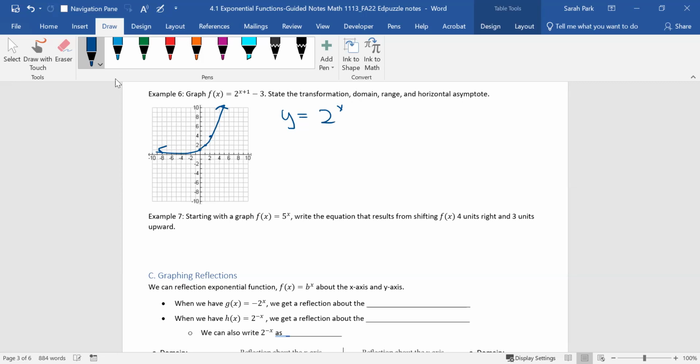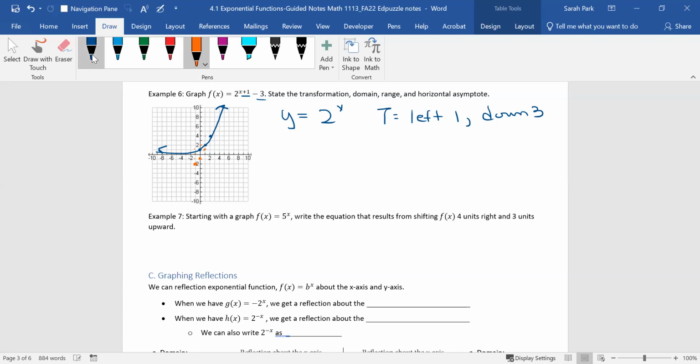So using these 3 points, I know if it's x plus 1, the transformation is to the left 1, and the negative 3 is down 3. So let's move each point to the left 1 and down 3. 1, 2, 3. So this point, left 1 and down 3, left 1, down 3.